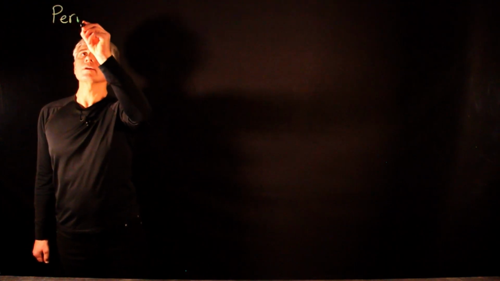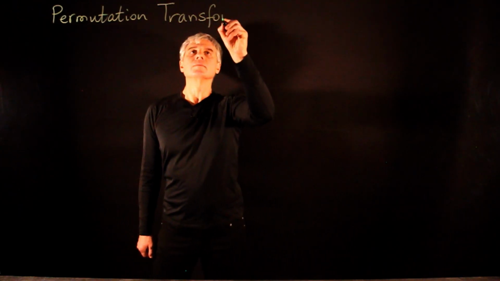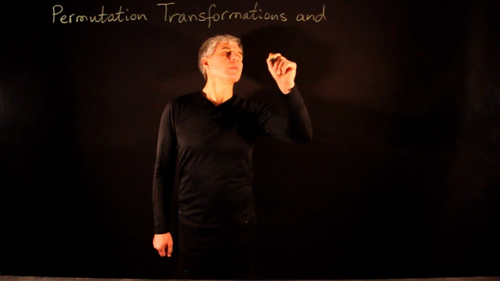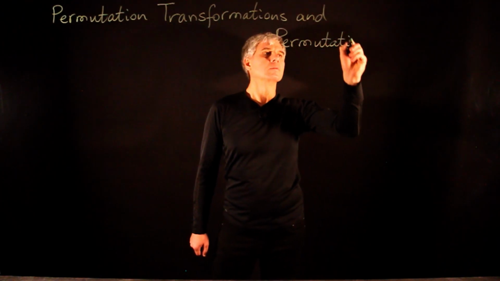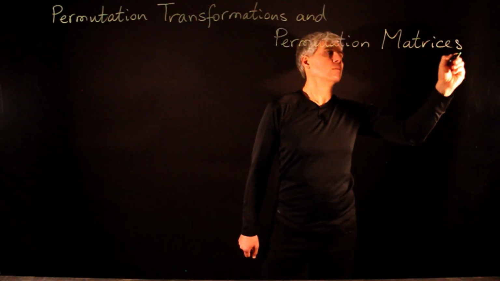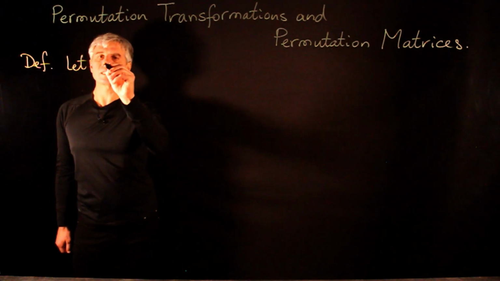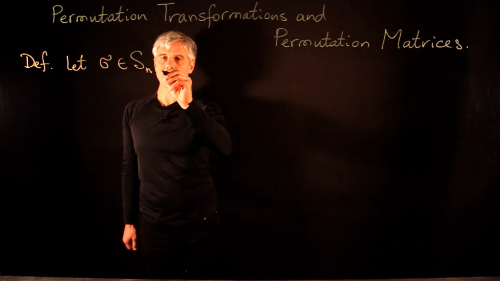We're going to start with the notion of permutation transformations and permutation matrices. Definition. Let sigma be a permutation from symmetric group Sn.